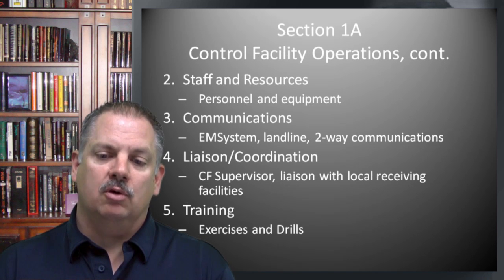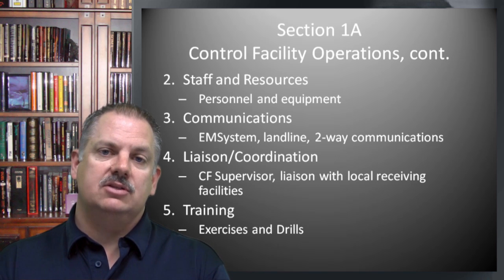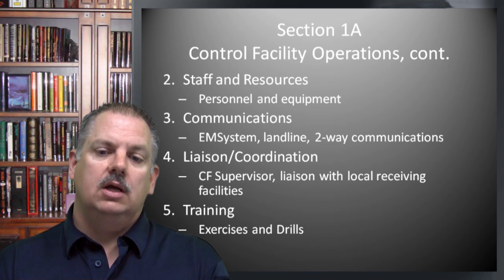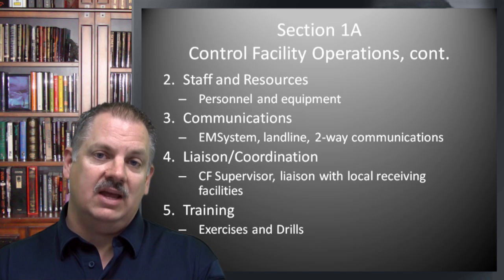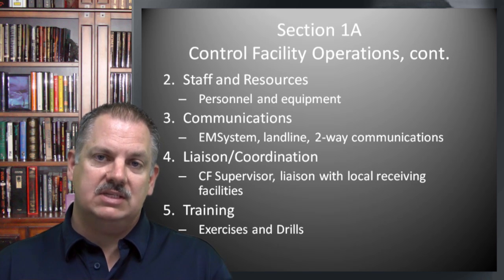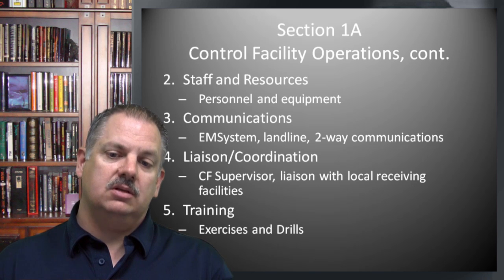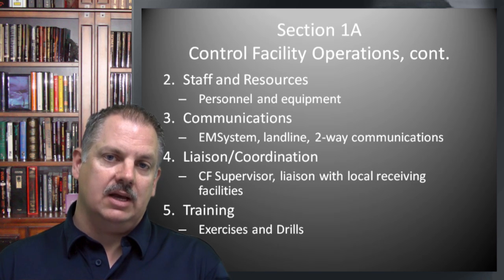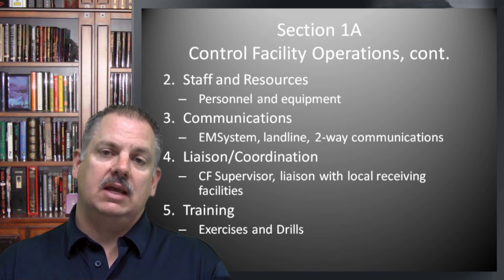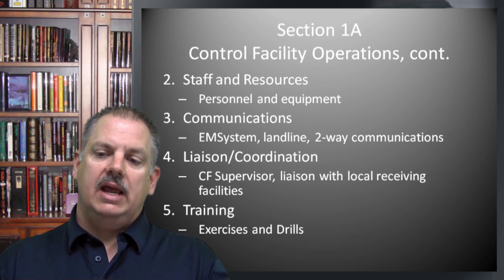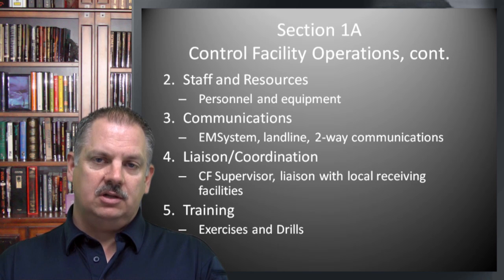I'll get into it a little bit more, but basically how that's utilized is once an MCI alert has been called, the control facility gets on EM Resource and creates an MCI event that goes out to area receiving facilities, and those receiving facilities report back in a very short period of time how many patients they can take.